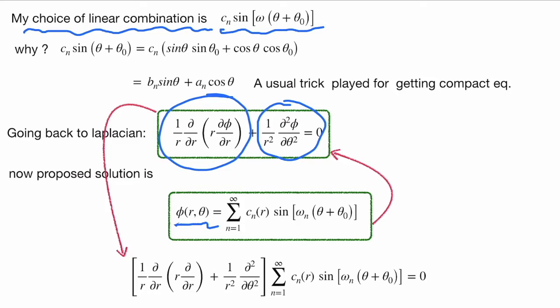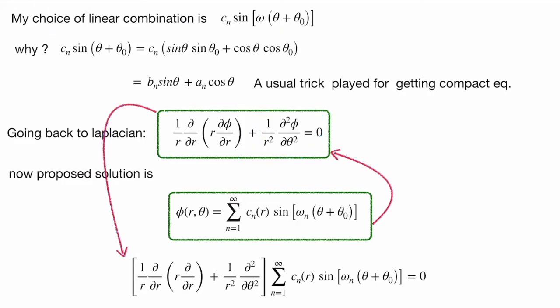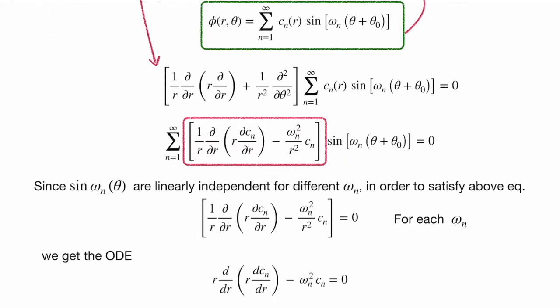Now we substitute this back into the differential equation, and then we obtain the condition 1 by r d by dr of r into d by dr, plus 1 by r square d square by d theta square, and now we apply our series solution of sine omega n onto this. Now we expand this.